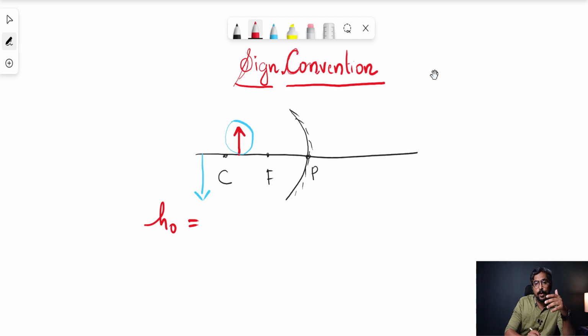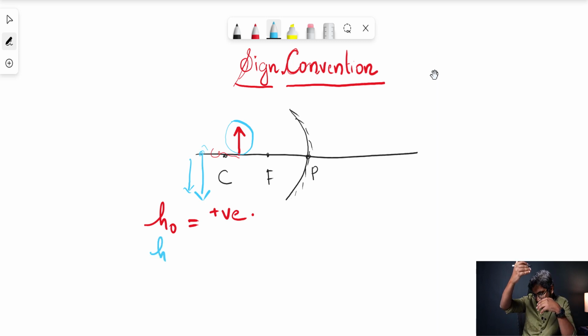And this height of the object is erect, it is above the principal axis. There, the height which is above the principal axis is given as positive, whereas height which is below the principal axis, that is in this case the image is inverted, that is the direction is from axis to downward.